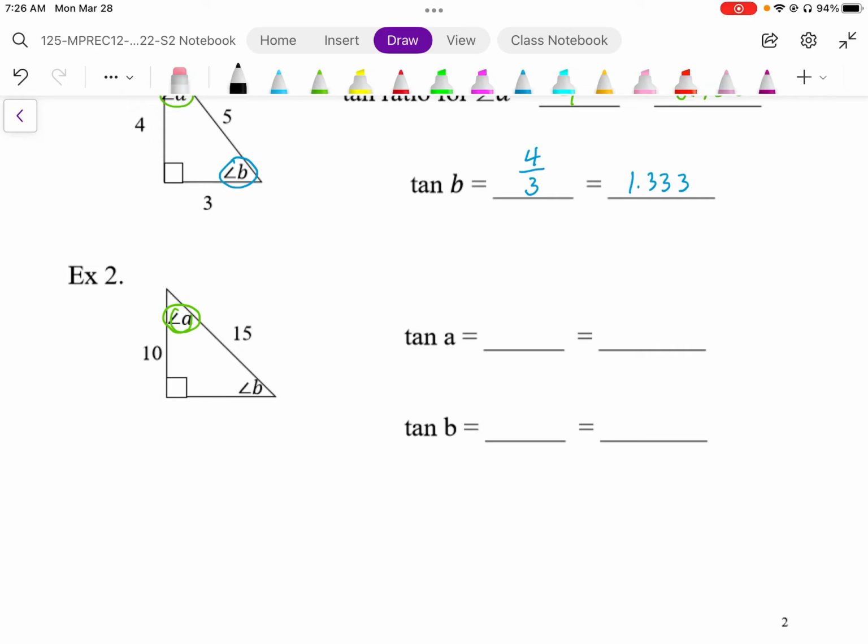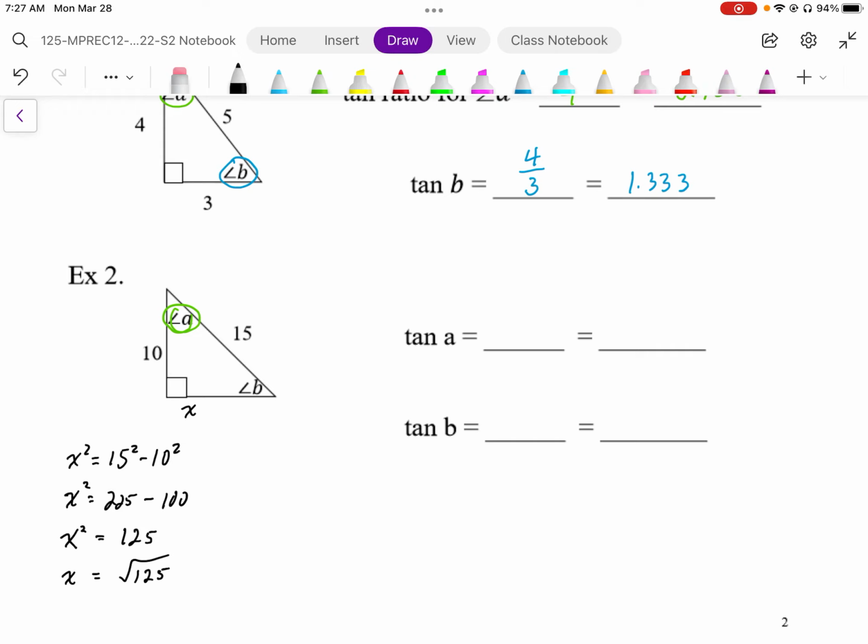So we can call that side x, and we can say that x squared is equal to the long side squared minus the short side squared, or 225 minus 100, and x squared is going to be equal to 125. x works out to be the square root of 125.